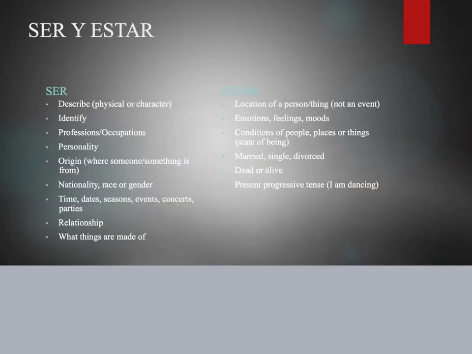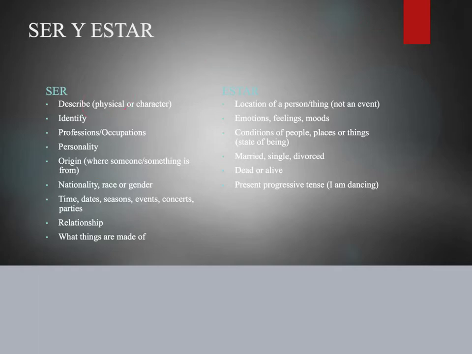Okay, you might have a chart that looks something like this. We're going to go over this a little bit more explicitly right now, and I'll give you some examples of each. So with ser, we use it to describe physical or character. In that example, when we said ella es bonita, we were describing her physical nature, right? So it was a description of what her physical appearance was.